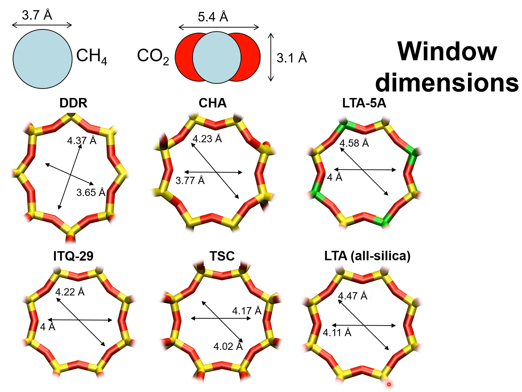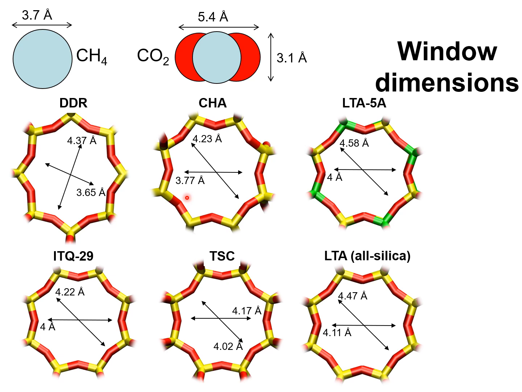We note that in nearly all cases, the windows are not precisely spherical. For example, DDR, the smallest dimension is 3.65 angstrom. The largest aperture distance is 4.37 angstrom.